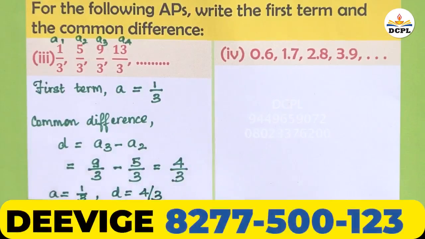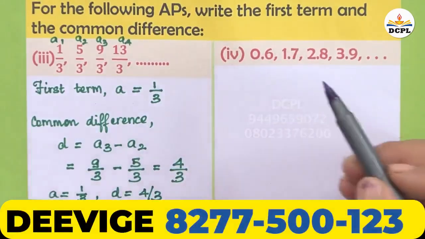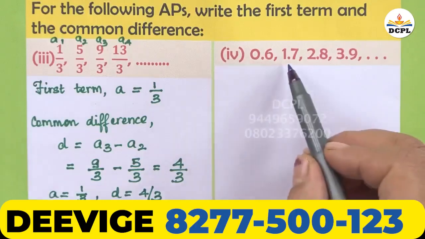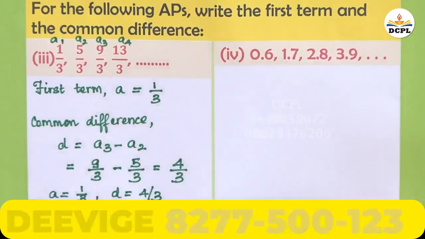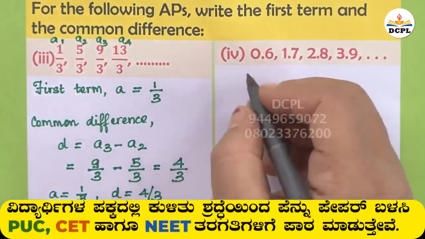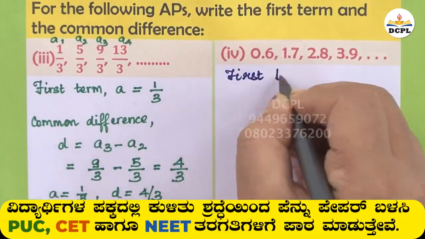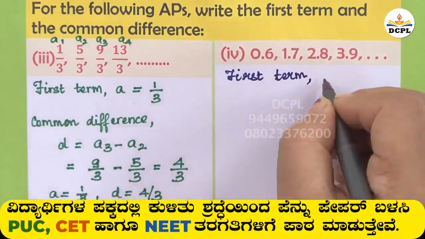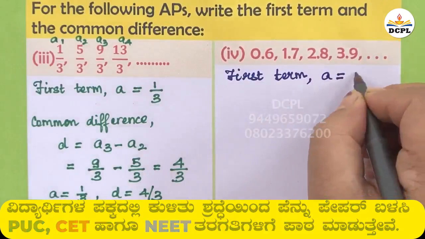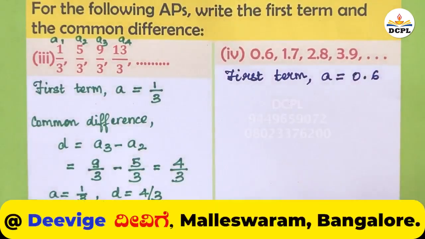Now let us move to the fourth part of this problem. The terms given here are 0.6, 1.7, 2.8, 3.9. As usual, the first term is very clearly A, which is 0.6.